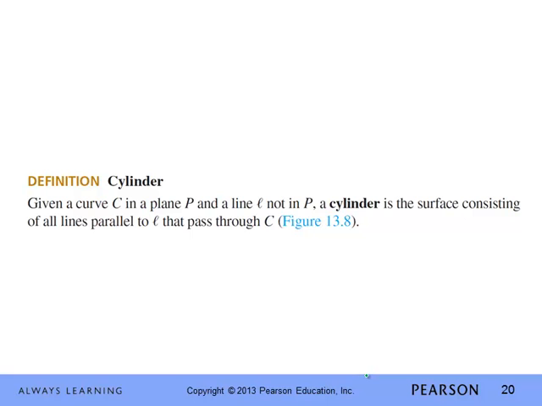That's our idea of a cylinder conventionally, but here is another definition of a cylinder. I'll show you a picture here in a minute. But we have some curve C that's in a plane P. So imagine some plane P, it could be at some weird angle or whatever. And then we have some curve that lies on that plane.